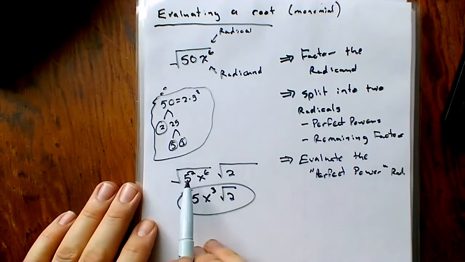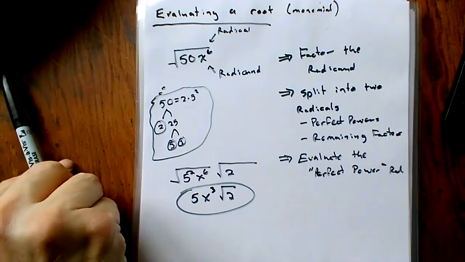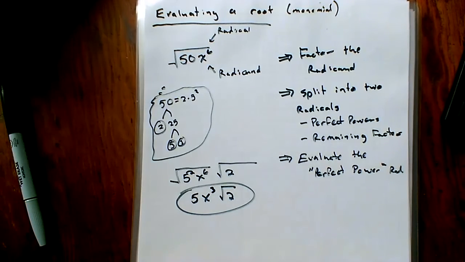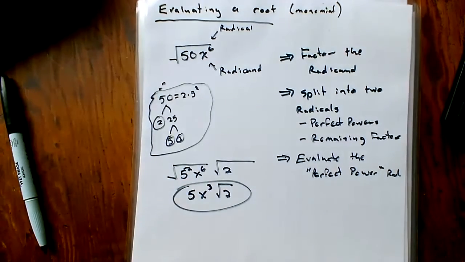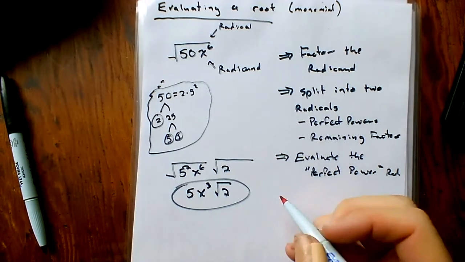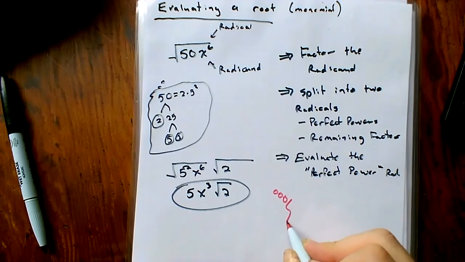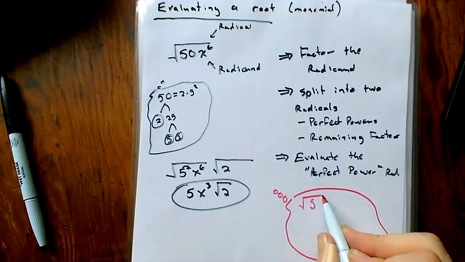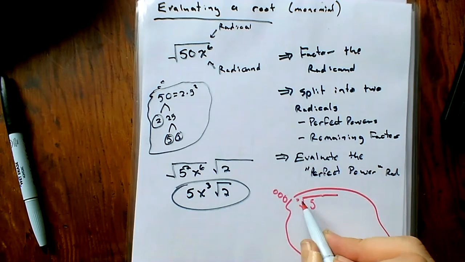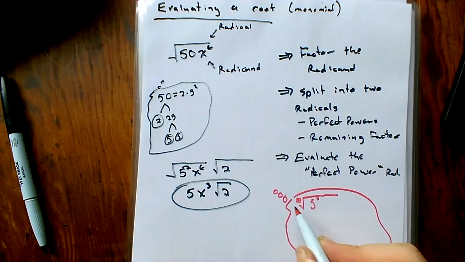Now, notice that since this is the square root, what's essentially happening here is we are dividing all of these powers by the index of the radical. So this is a little bit like saying the square root of this, and I'm actually writing the 2 there.